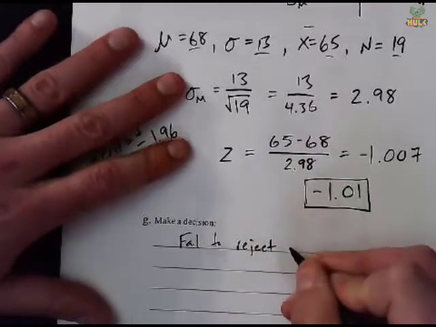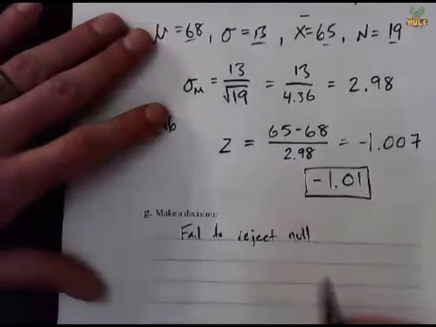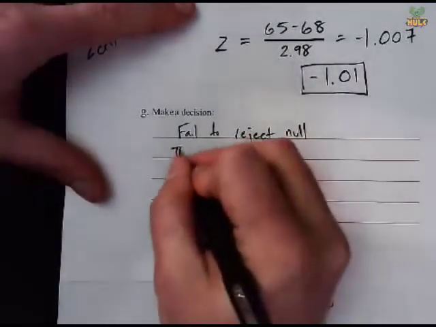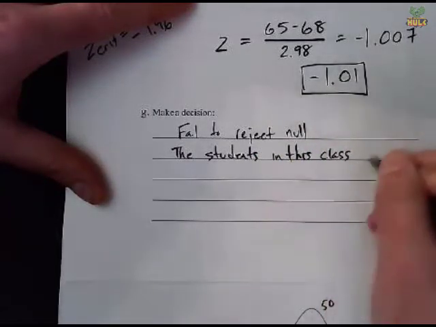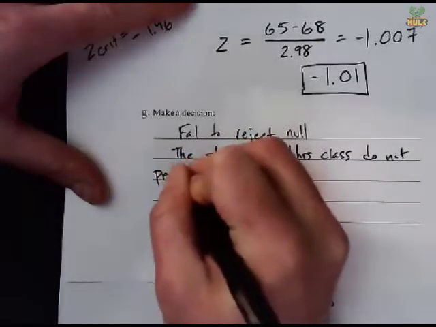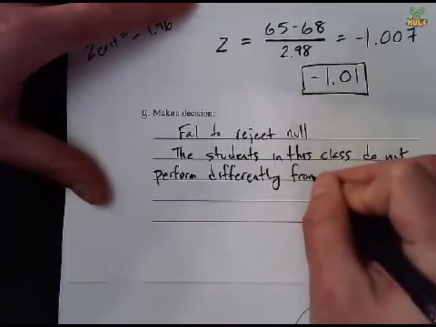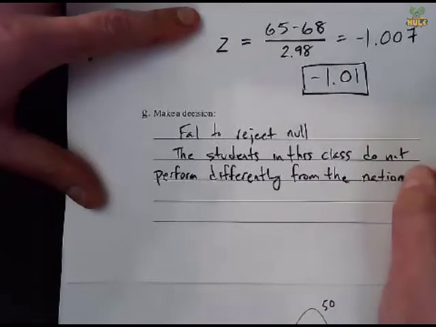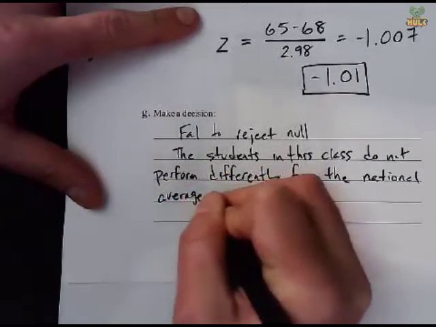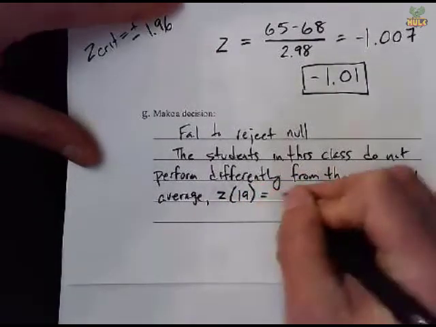And to be more specific, we want to say something like, because this example is about the vocabulary test compared to the national average, we would say that the students in this class do not perform differently from the national average, Z (sample size) equals 1.01.